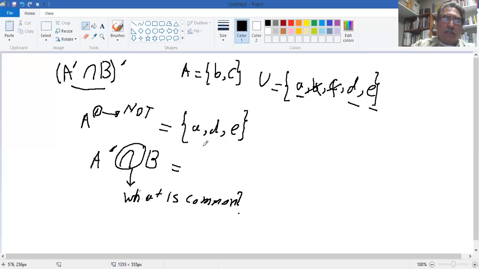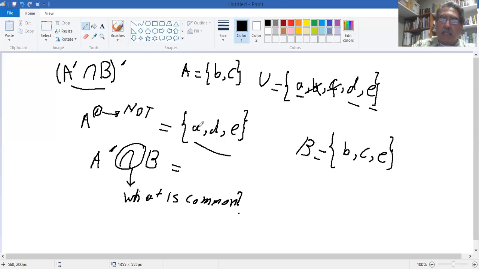This is A naught. Set B included B, C, and E. What is common between them?